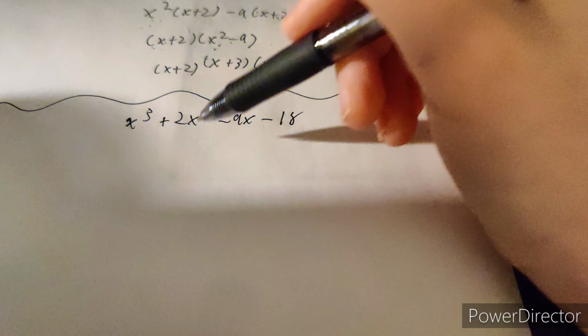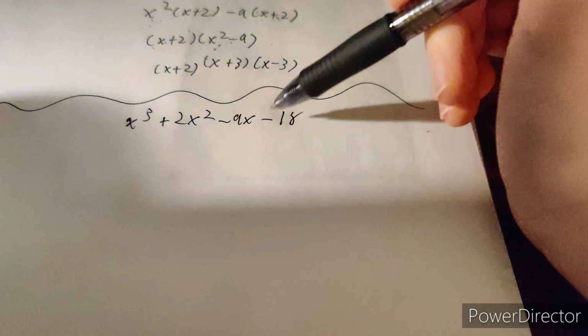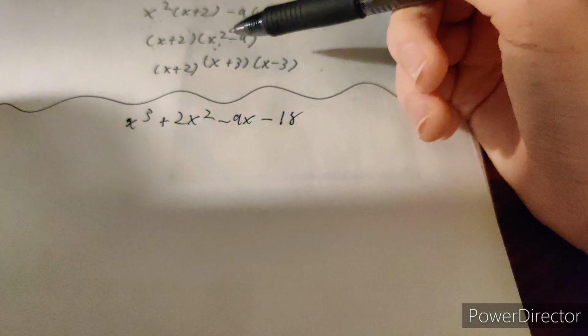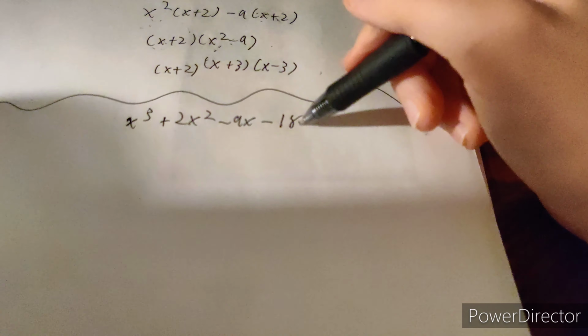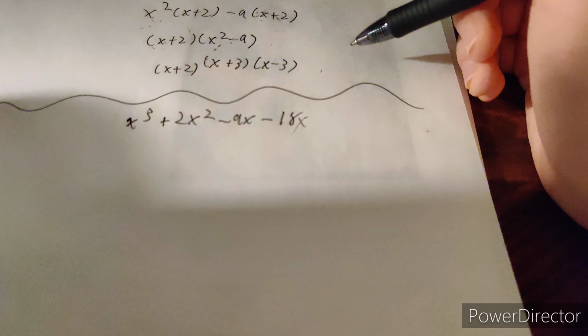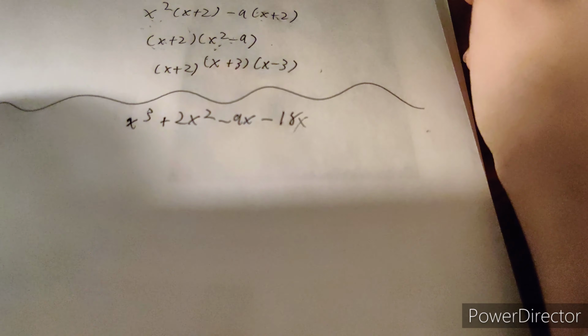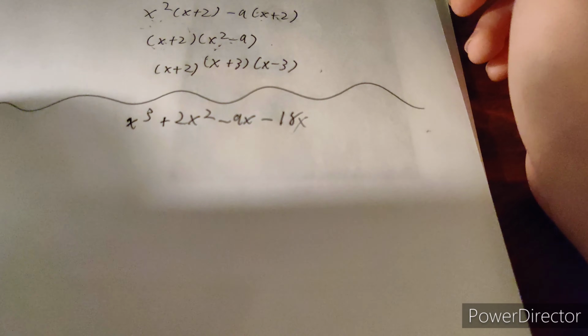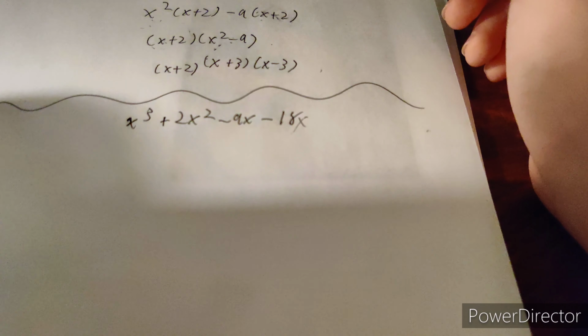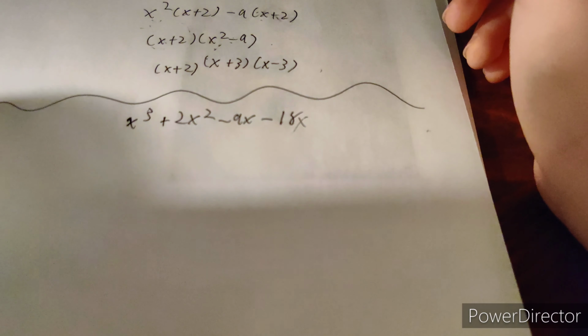If you have x cubed, they don't have a greatest common factor that we could exploit, because that's a 1. We can't go into x all the time, because that doesn't have an x. Oh, wait a second, hold on.